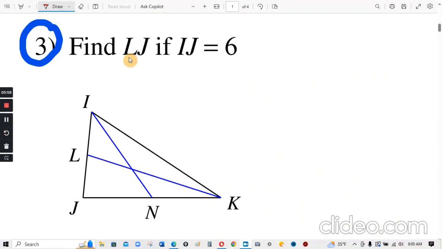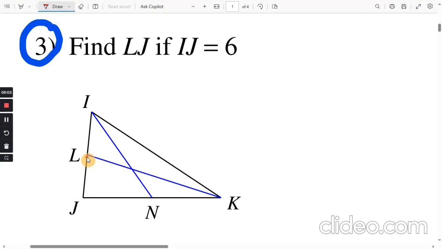All right, number 3, they want us to find LJ if IJ is 6. So we're looking to find LJ, and it's given that IJ equals 6. So if we label the distance from I to J, that's going to be 6. Now it said the medians are given, so we know that KL is a median.